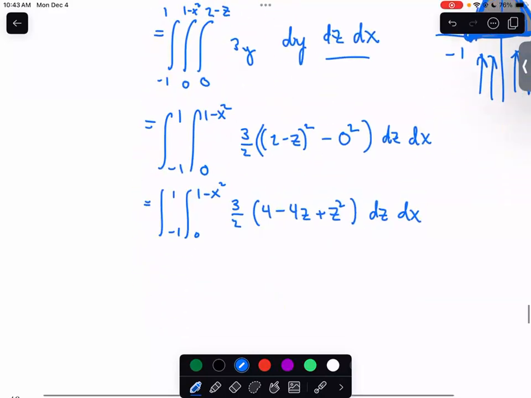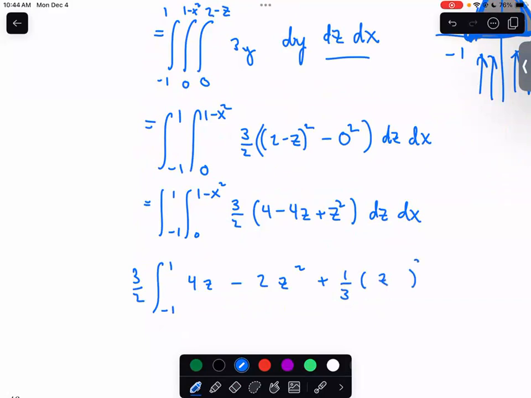Again, this isn't the conceptually difficult part. It's just more tedious than anything. Let's bring out this 3/2 and integrate with respect to z. We're going to have 4z minus 2z squared plus 1/3 z cubed.